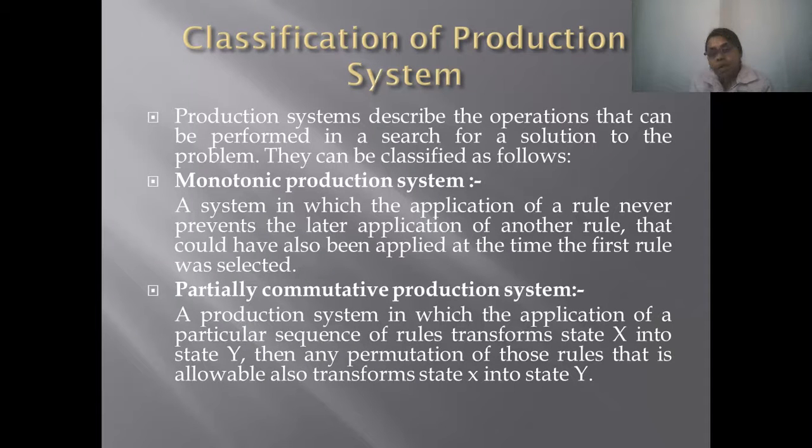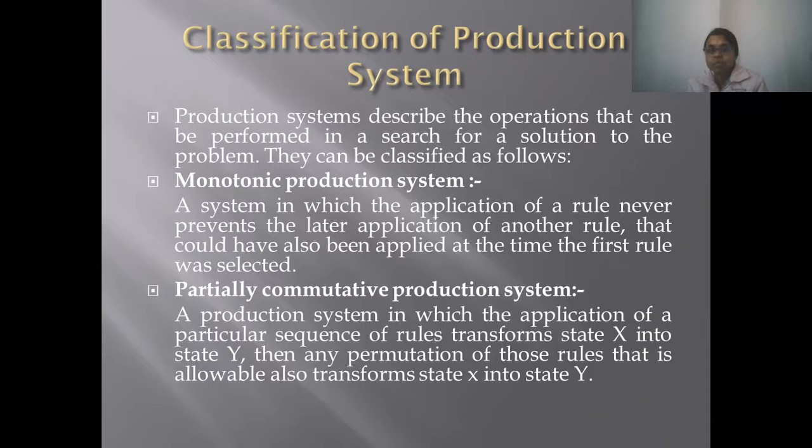Then come to the classification of production system. This production system can be classified into various classes. The production system describes the operations that can be performed in a search for a solution to the problem. They can be classified as follows. First is the monotonic production system.